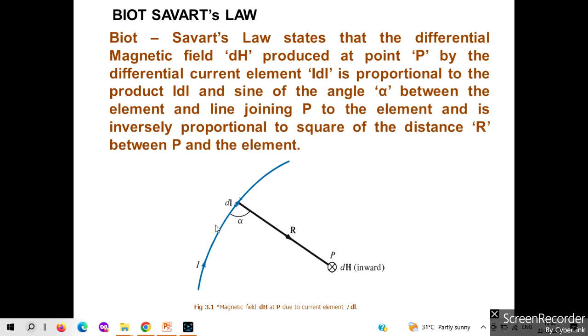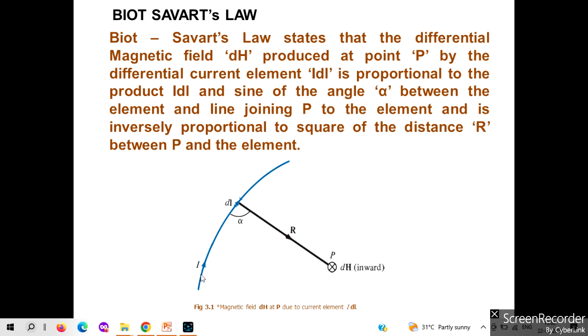By using this Biot-Savart's law, we can determine the magnetic field due to this particular line current. So we can calculate this magnetic field by using Biot-Savart's law.